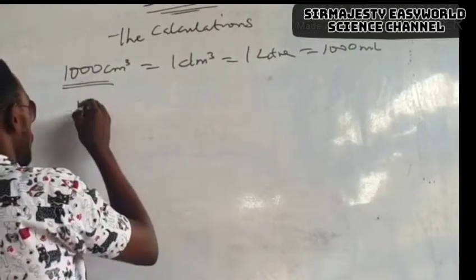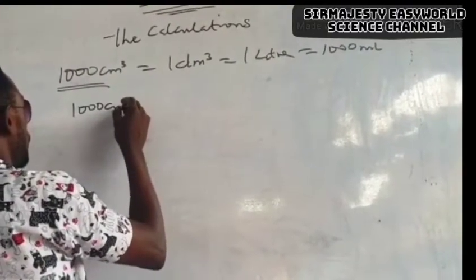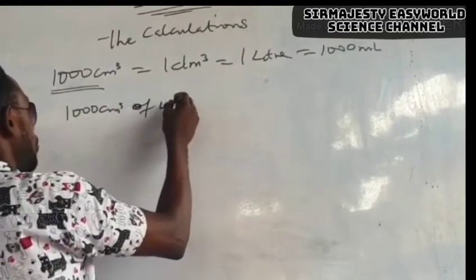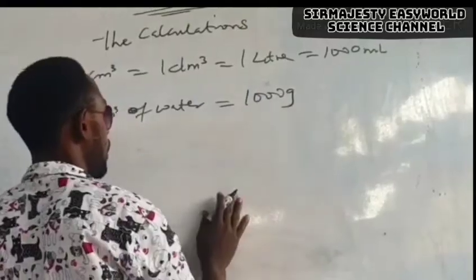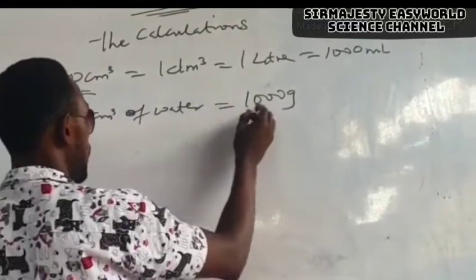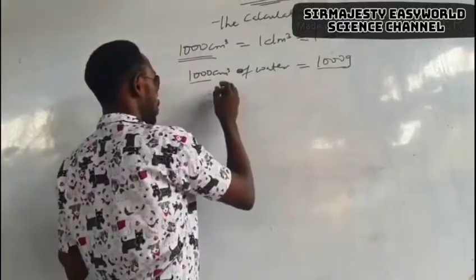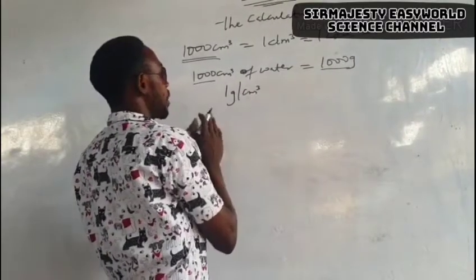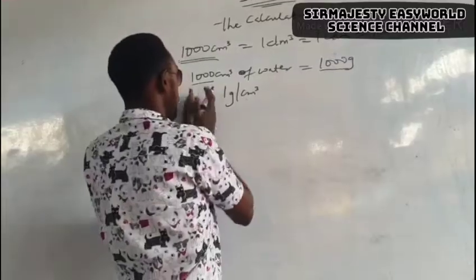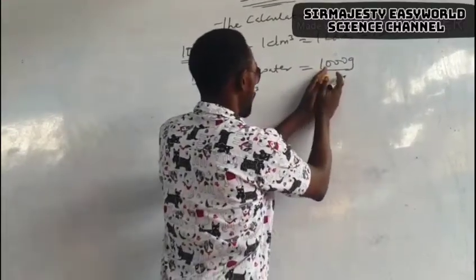As far as water is concerned, 1000 cm3 of distilled water is equal to 1000 grams, because the density of water is 1 gram per cm3, meaning 1 cm3 of water weighs 1 gram.